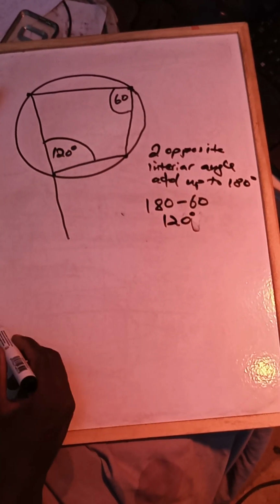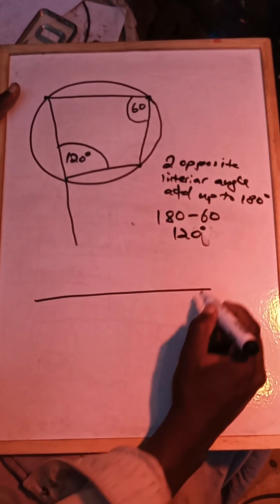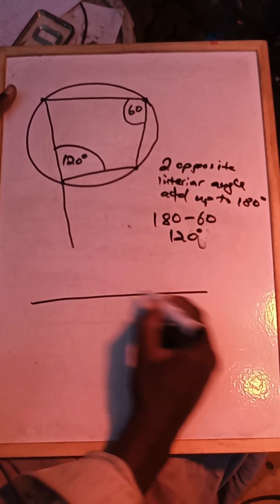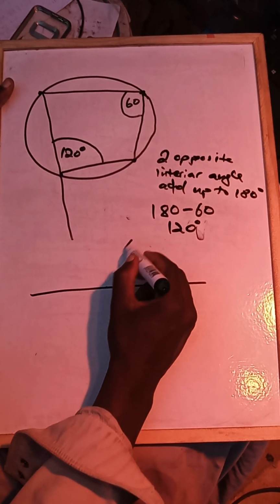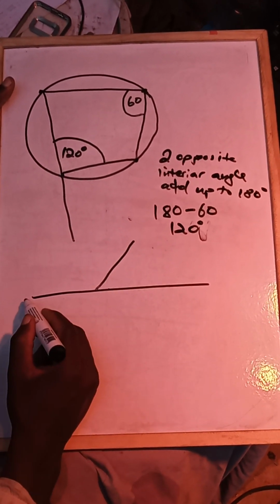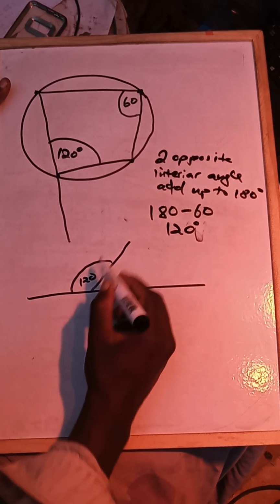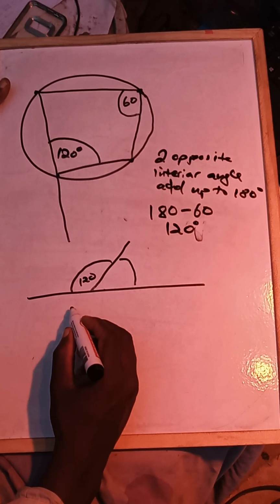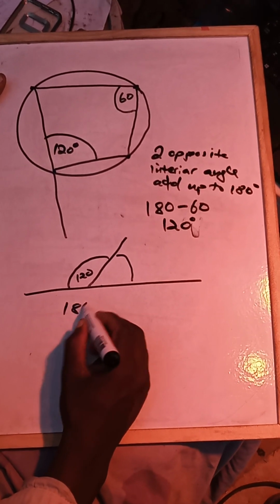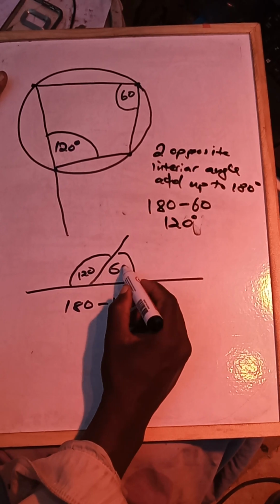This is a straight line, and the concept of a straight line says angles on a straight line add up to 180 degrees, right? And this angle is 120 here. What about this angle? We say 180 minus 120, we get 60.